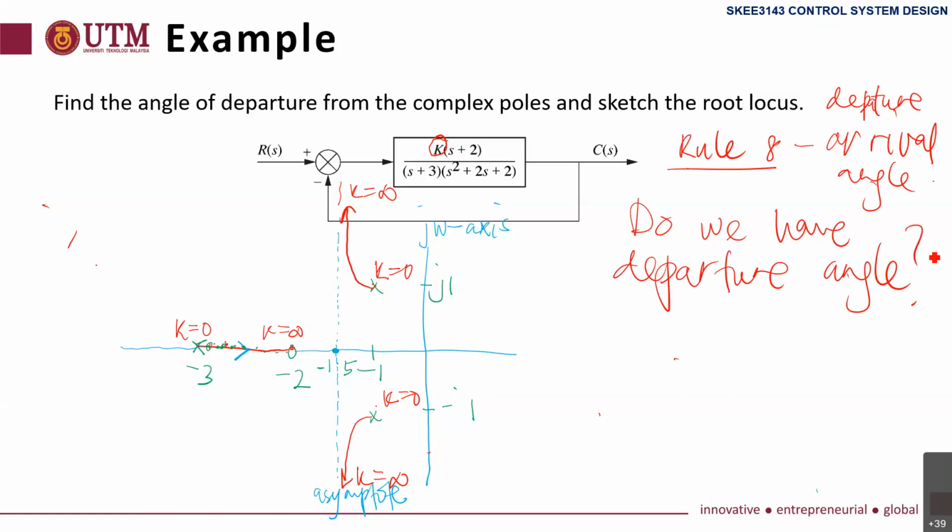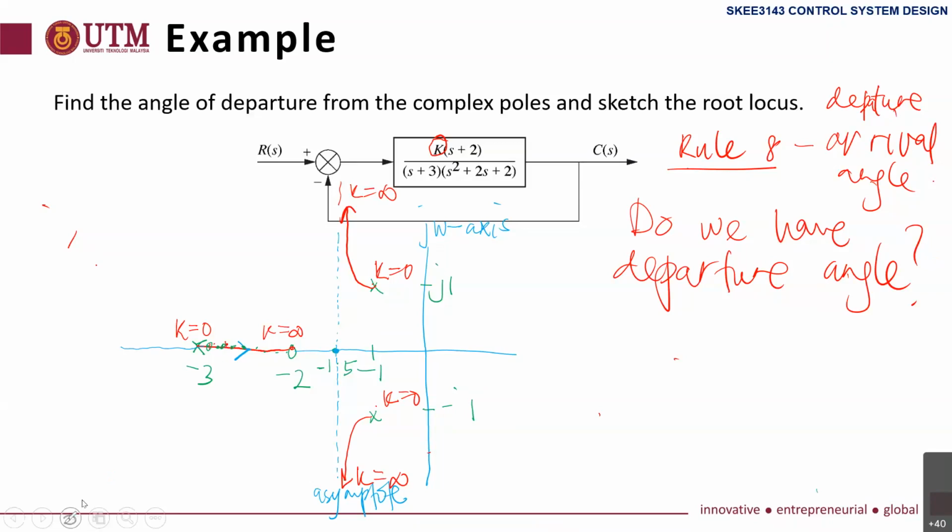See your notes, see your slide, whether the departure and arrival angle exist or not. Do we have a departure angle? Yes, because we have complex poles.